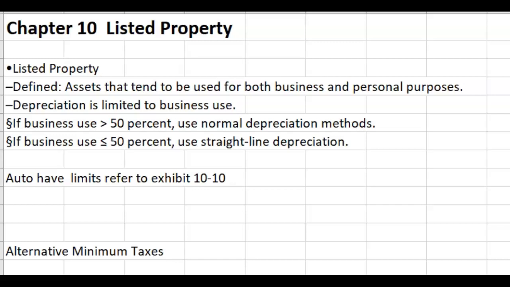The other thing I'd like to go over with you is if your business asset, your automobile, is used greater than 50% of the time, then you can use the normal depreciation methods. However, if any year before you fully depreciate the asset, the business use goes below 50%, you have to change your depreciation for the year it goes below 50% to the straight line depreciation.